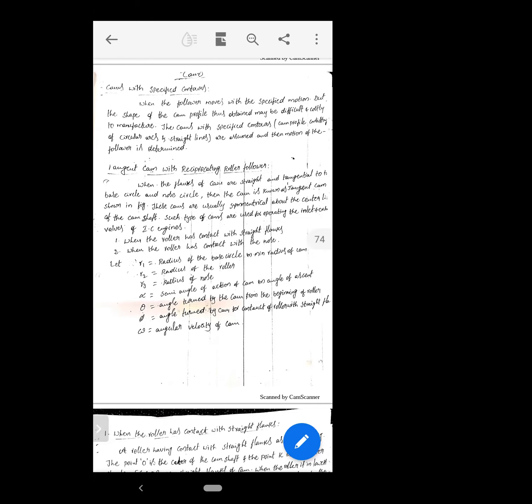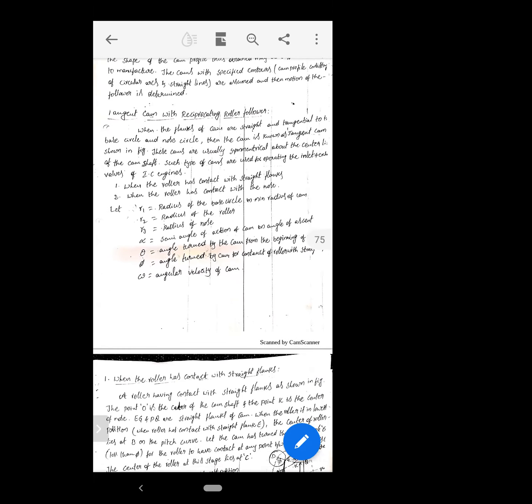When the flanks of the cam are straight and tangential to the base circle and nose circle, it is known as a tangential cam. Those flanks follow the tangent of our base circle and nose circle. Just observe in our diagram.